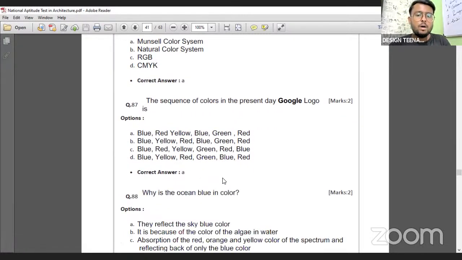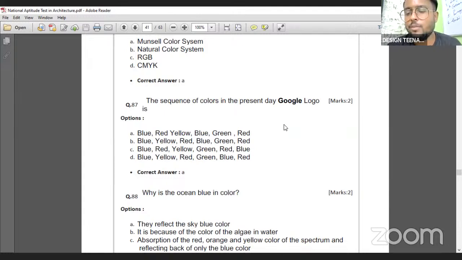Now there are a few tricky questions, like the sequence of colors in the present day Google logo. You have seen the Google logo every time you search, but still you cannot remember the color orientation. First of all, G is written in blue. Let me open Google in front of me.